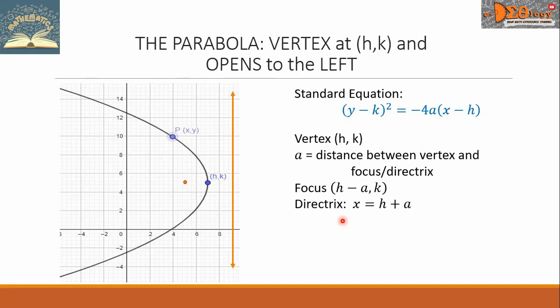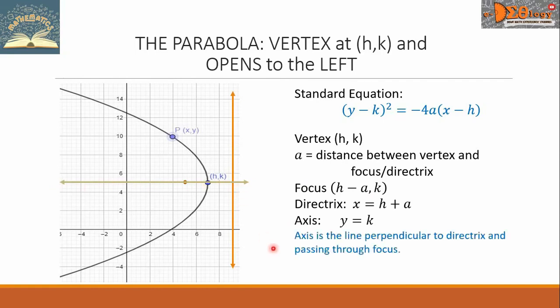For the directrix, the equation is x equals h plus a. This is the directrix. The axis has the equation y equals k. This is the axis. Remember, axis is the line perpendicular to directrix and passing through focus.